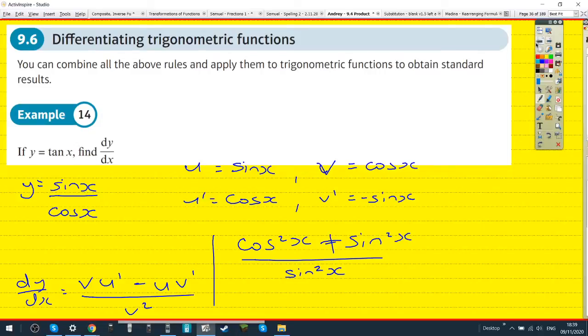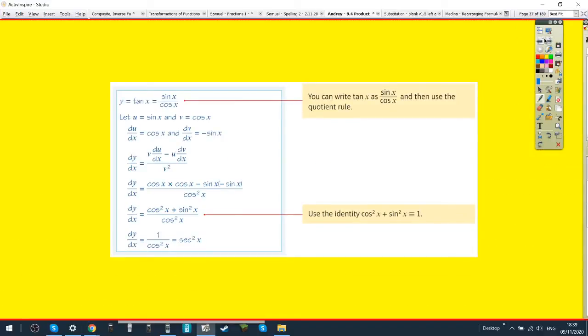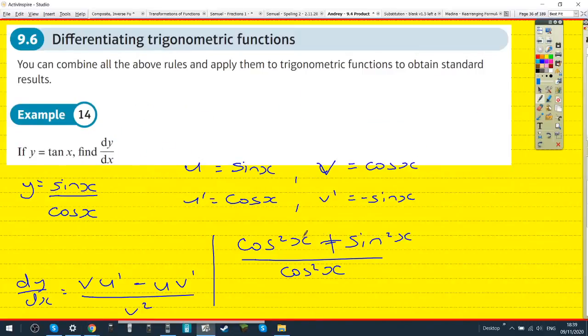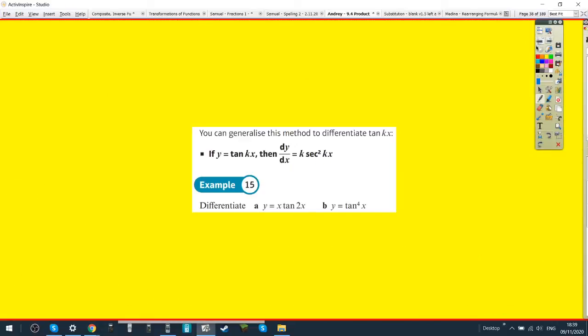Over v squared, yeah, cos squared x. Let me see. Cos squared x plus sine squared x. What's sine squared x plus cos squared x? 1. What is 1 over cos squared x? Sec squared x. So the derivative of tan x using the quotient rule is sec squared x. Fair enough.